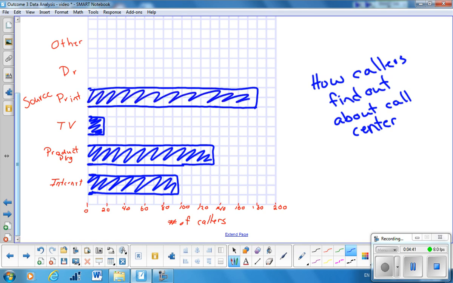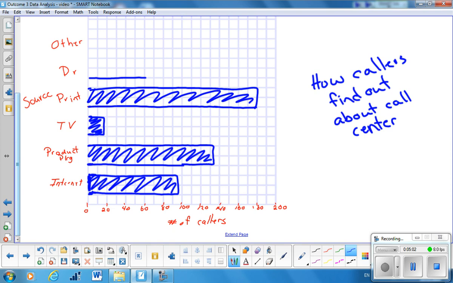You'll notice that as we're making our bar graph, each of the bars is the same height. I've made them each 2 squares high, but they'll vary in length, of course, because of the differing number of callers. Okay, the next one we have is the doctor, and there were 78 people that found out through their doctor.